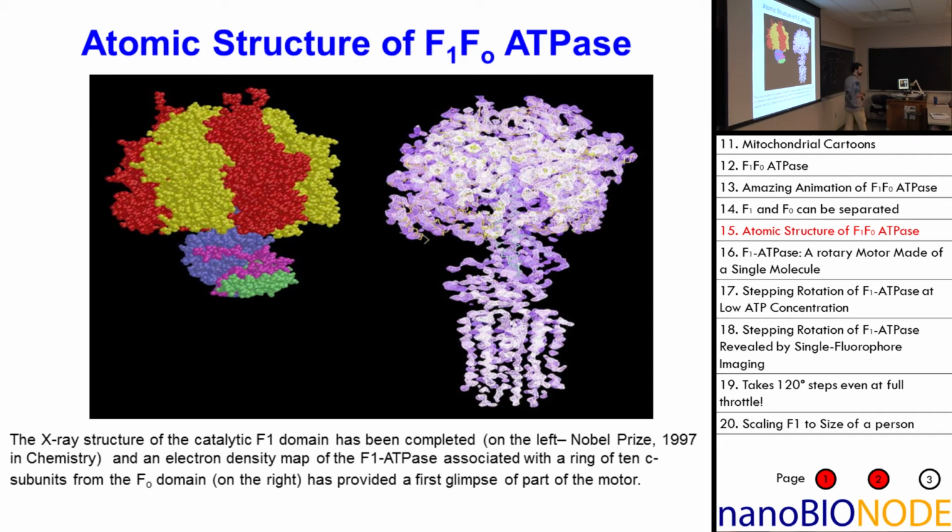Then this won a Nobel Prize. Actually, the person who did the first showing that it was a rotary motor did not win a Nobel Prize. I think that was one of the biggest rip-offs going. But there are only 3 people who can win the Nobel Prize and that sort of thing. Anyways.